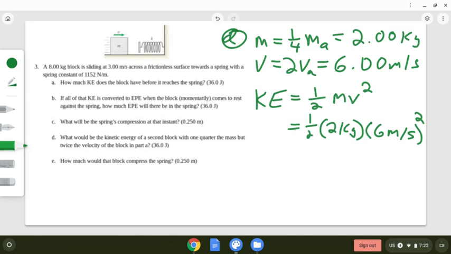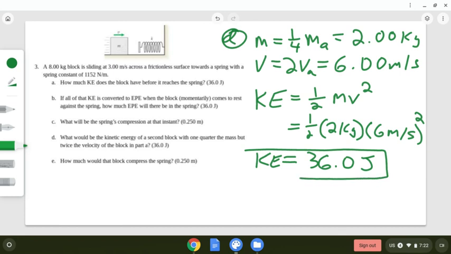Well, see if we can do it without the calculator, actually. 1/2 times 2 gives you 1, and 6 squared gives you 36. So go ahead, use the calculator if you need to. But you're going to find out that your answer is 36 joules. So put a box around it. We solved for the right thing. We gave it the right units, so give it a check.